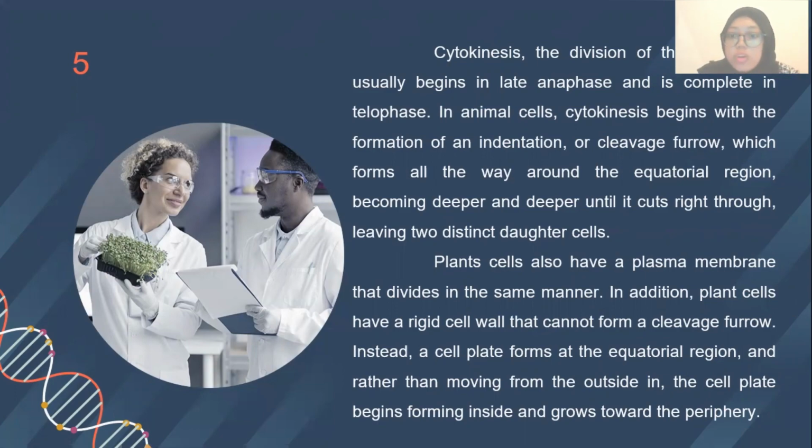Plant cells also have a plasma membrane that divides in the same manner. In addition, plant cells have a rigid cell wall that prevents a cleavage furrow from forming. Instead, a cell plate forms at the equatorial region, and rather than moving from the outside in, the cell plate begins forming inside and grows toward the periphery.